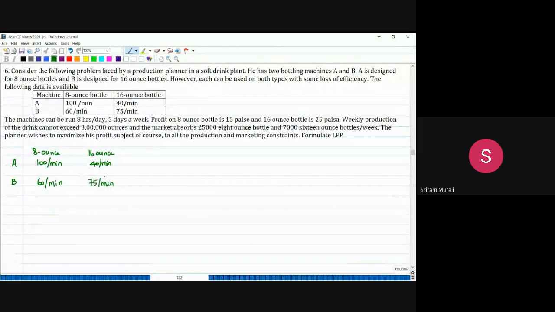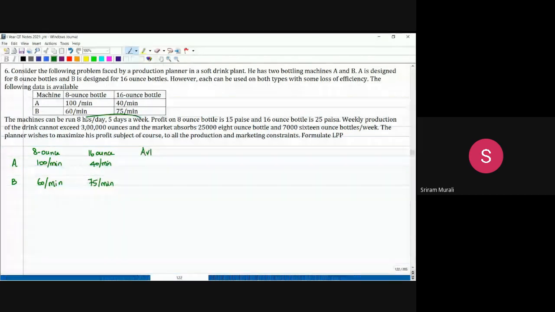Now you come to availability. What is availability? 8 hours a day, 5 days a week. How do you compute it?